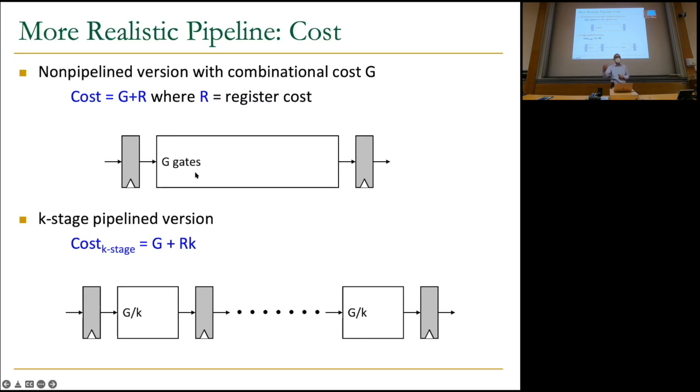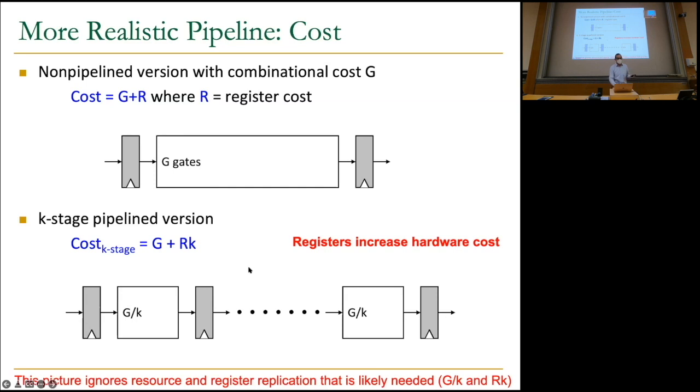You normally need to add a lot more, as we will see. But even if you assume that, your G gates still remain the same, but your register cost increases linearly with the number of stages. You get R times K, as you can see. So this is costly, even if you just look at the register cost. Registers increase the hardware cost, and this picture ignores the resource and register replication that's needed.